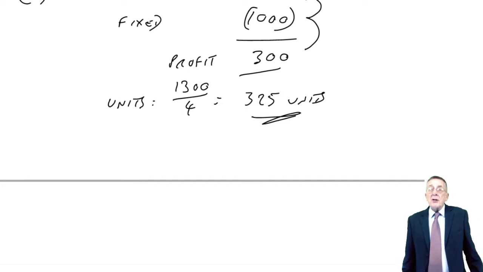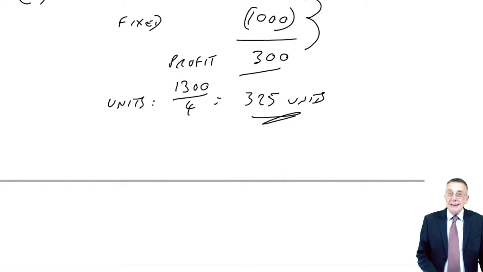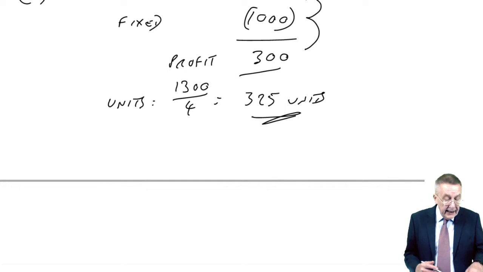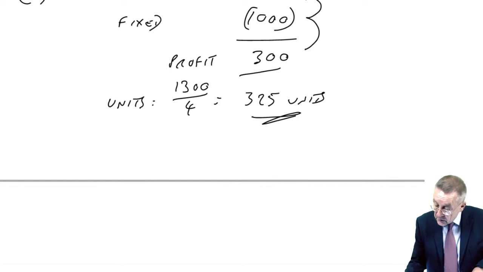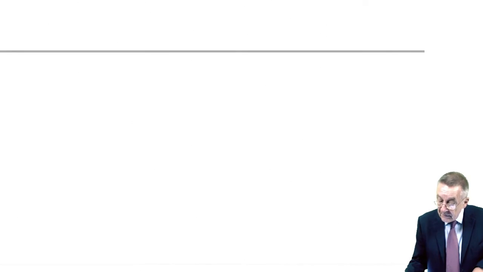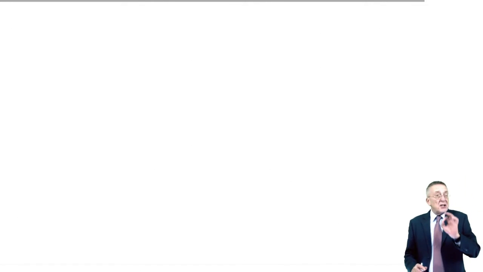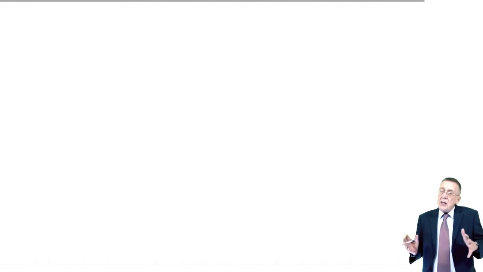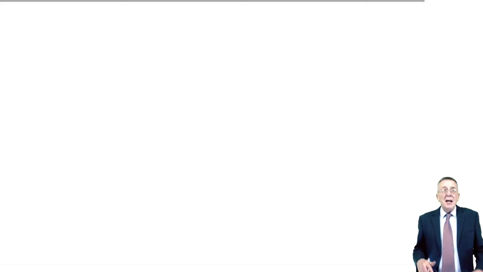But of course, there's always the risk it might be lower. And we've said our break even was, this is why I was winding back, was it 250? Yeah. Break even was 250, so as long as we sell more than 250, we are going to be profitable. Well, it's nice to have a measure as to how much wrong we can be.